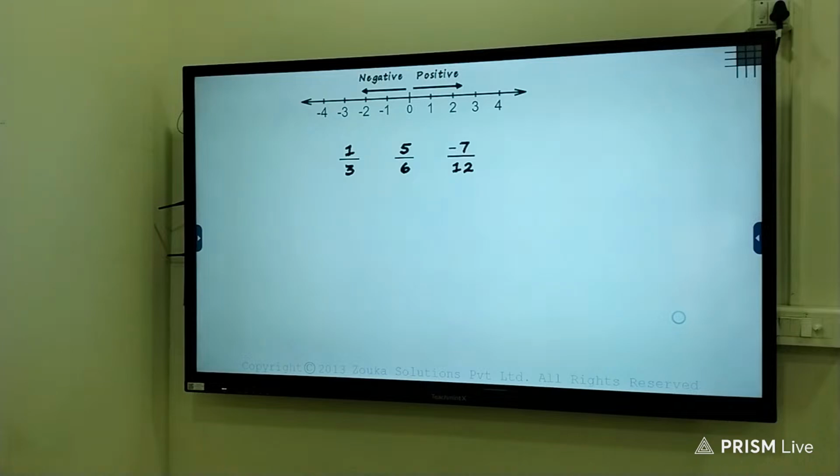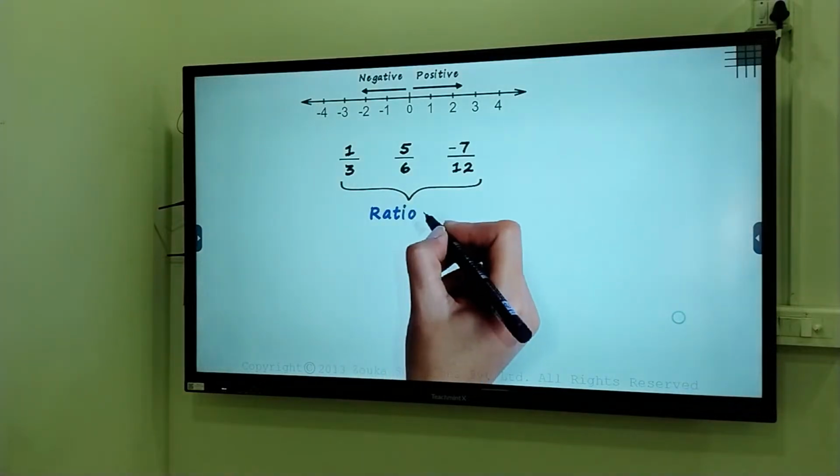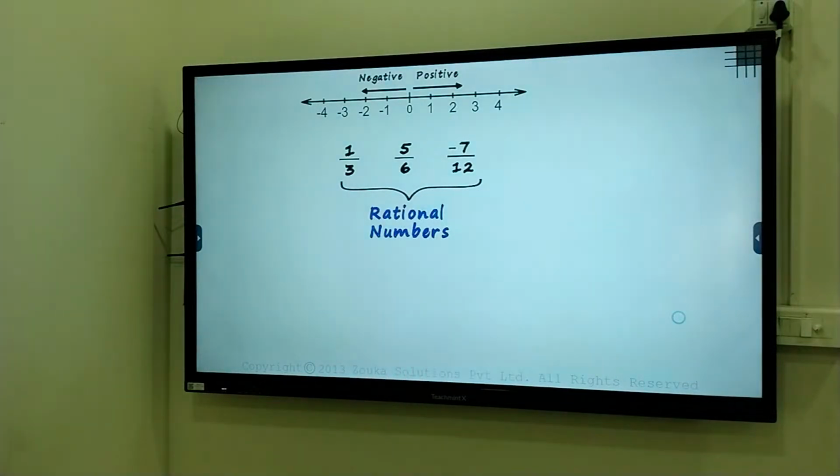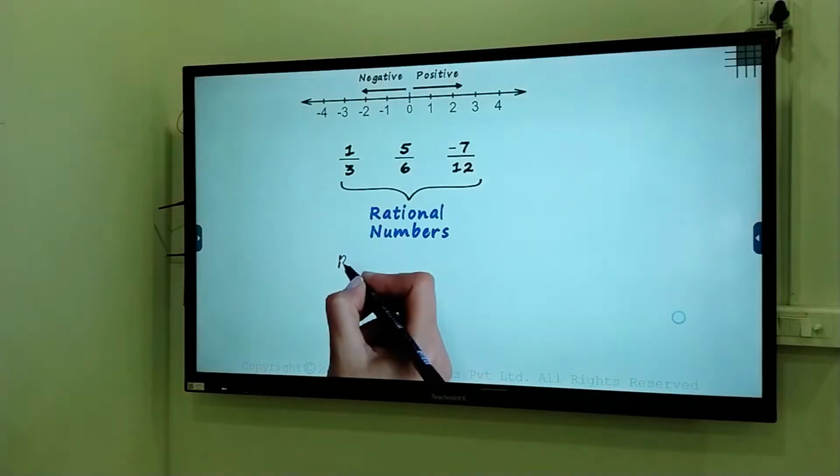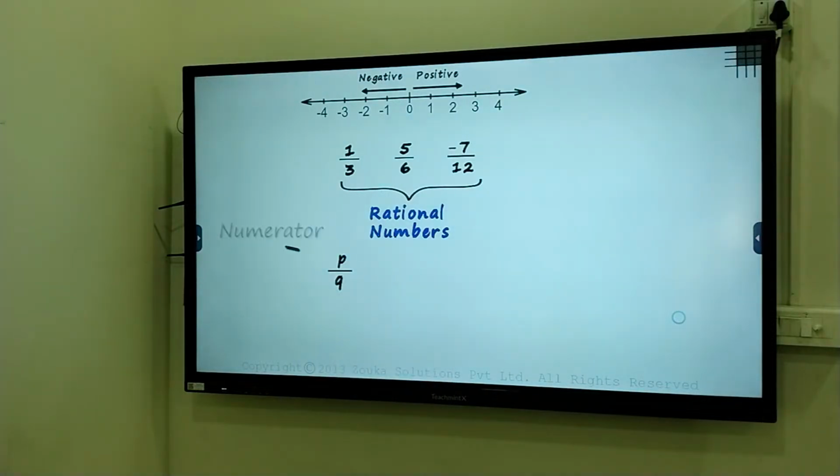Each of these are numbers, but we don't use them as often as we use counting numbers. Such numbers are called rational numbers, but we need to define them well. We cannot say numbers like these are rational numbers. We say that they are of the form P by Q, one number in the numerator and one in the denominator. But there are a few conditions we need to know.